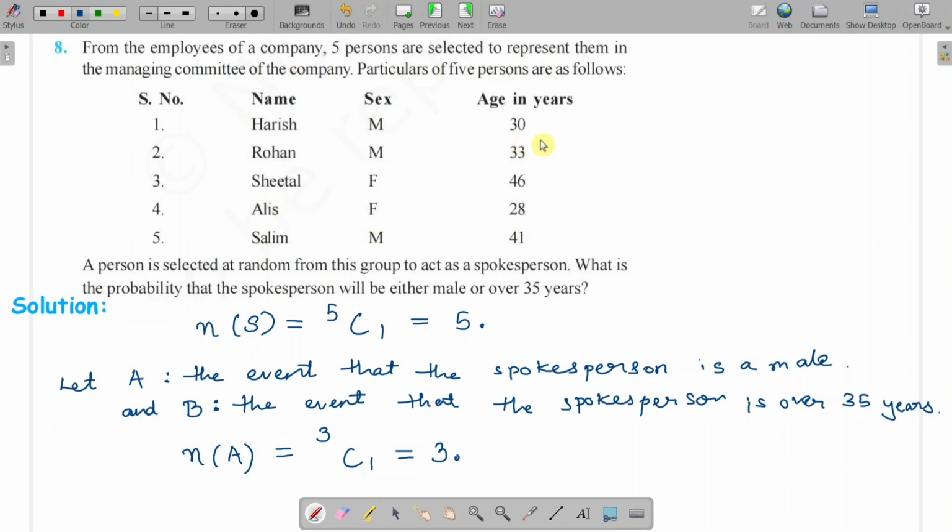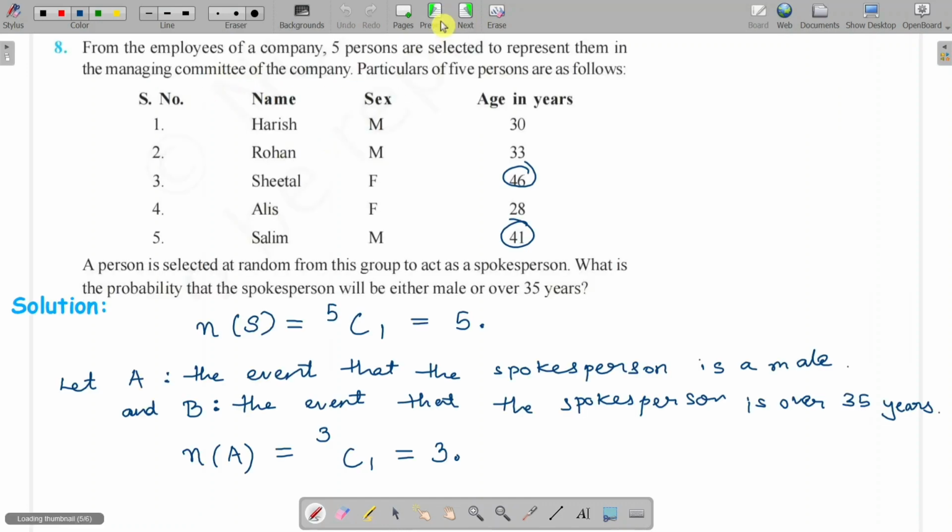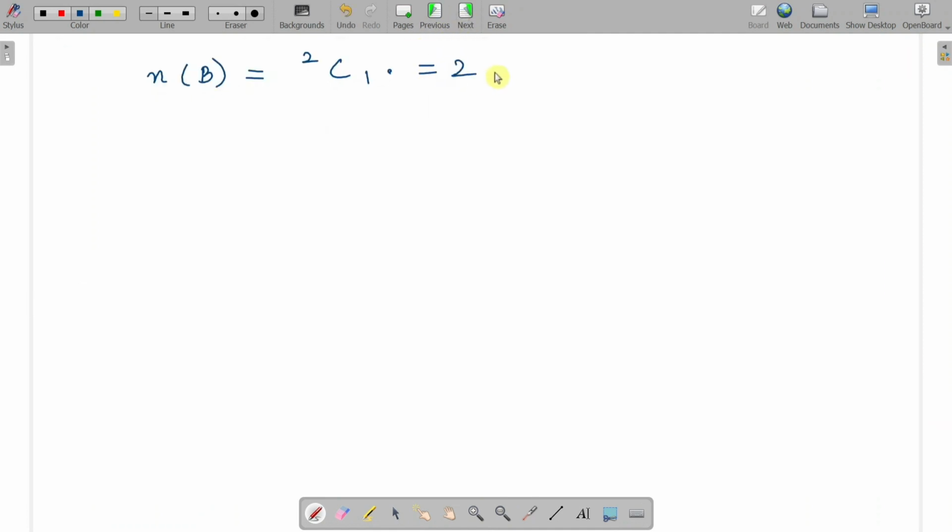So now if you look at the persons who have the age more than 35, it is this 46 here and 41, right. So that is 1 female 1 male, that doesn't matter, but the number of persons whose age is over 35 years is 2. So from the 2, 1 will be selected, right. So now what we have got is the number of elements in A is 3, the number of elements in B is 2, right.